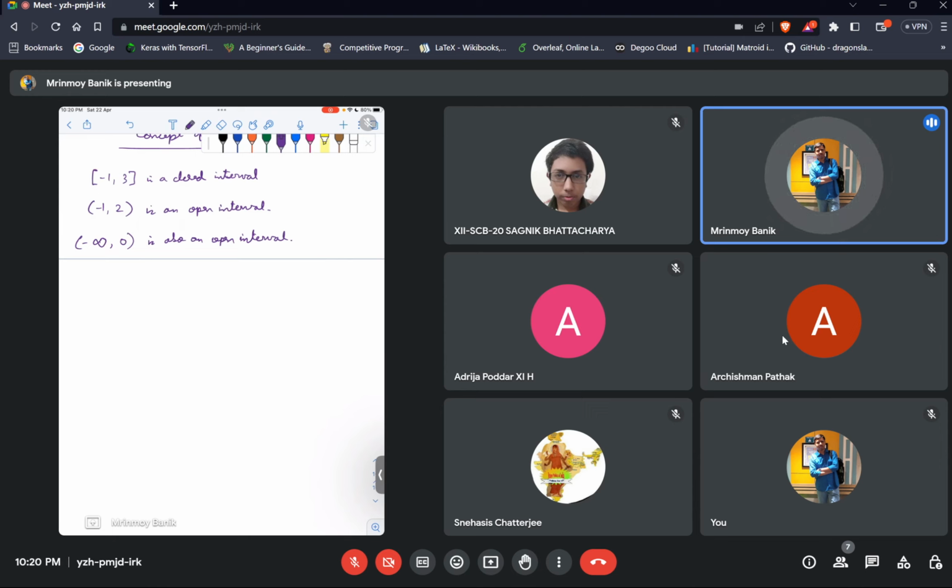So what do closed and open actually mean? In terms of sequences, it actually has a pretty tight definition, not exactly an intuitive one.